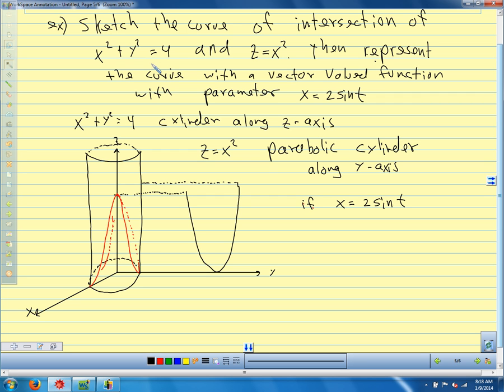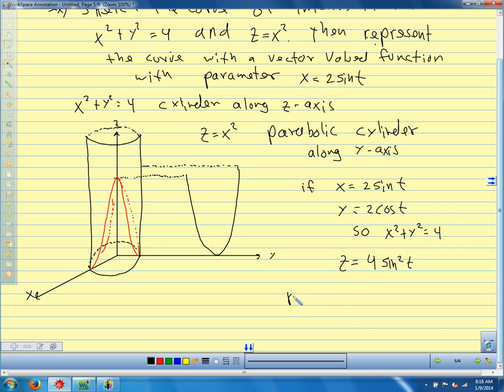So what's going to be our parameter for y to get x squared plus y squared equals 4? 2 cosine t. And that will give us x squared plus y squared equals 4. And if z equals x squared, what's z going to be? Z equals x squared, what's x? 2 sine t, so z is going to be 4 sine squared t. So this part's easy.